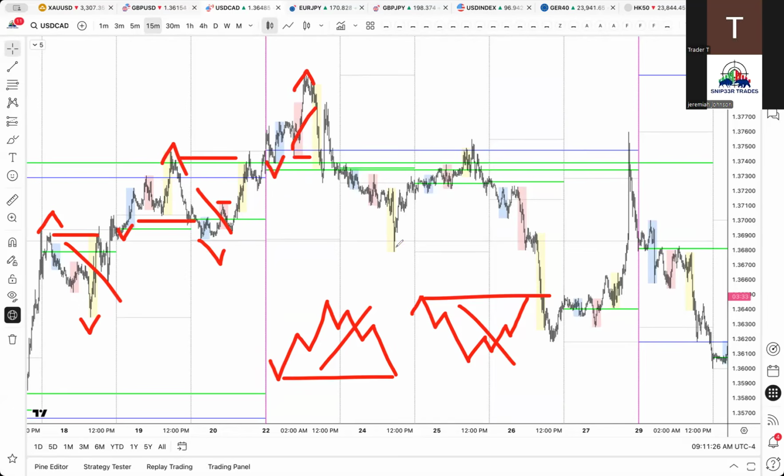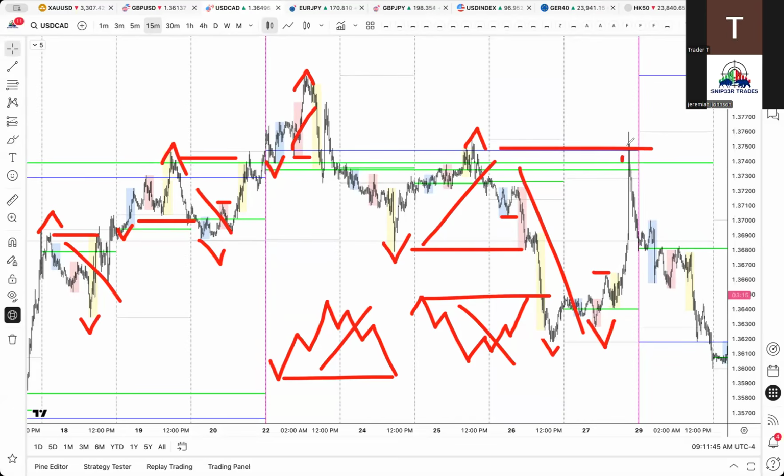Then another bigger pump and dump model right after that. Then another dump and pump model. And then it just continues and goes on and on. Then another pump and dump model. Step 1, step 2, step 3.